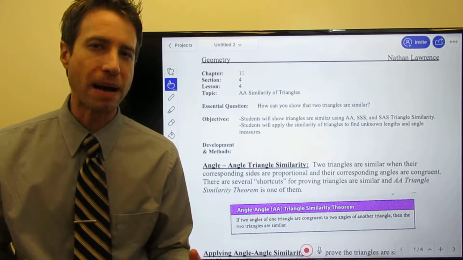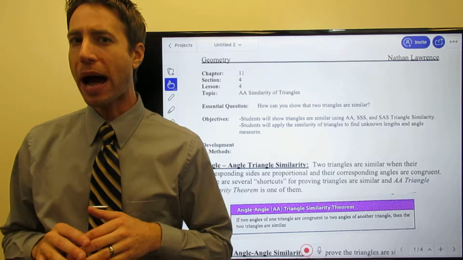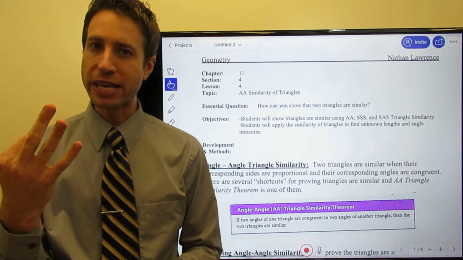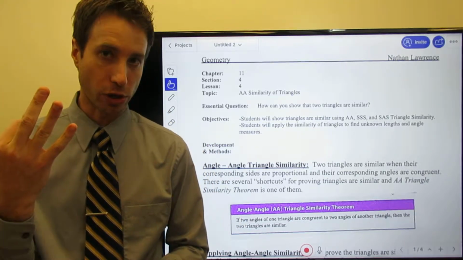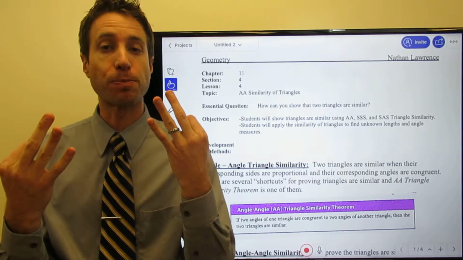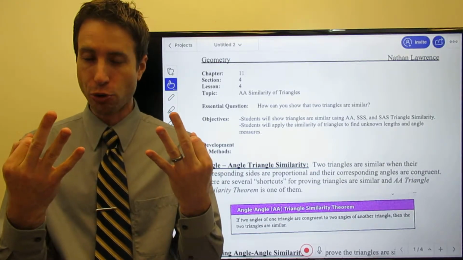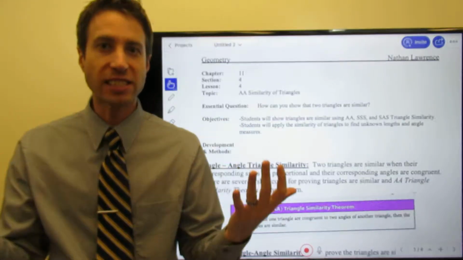But remember the amount of work that was. In order to use CPCTC, you had to prove that all three corresponding angles were congruent, and you had to prove that all three corresponding sides of the triangles were congruent, which meant that you had to prove 6 things. And that's a lot of work.